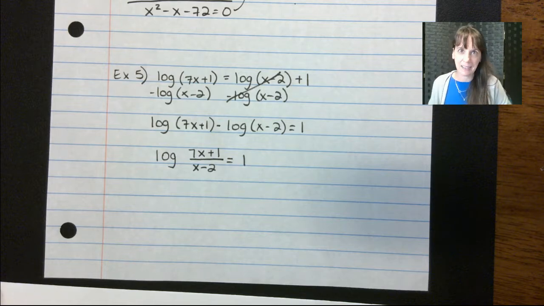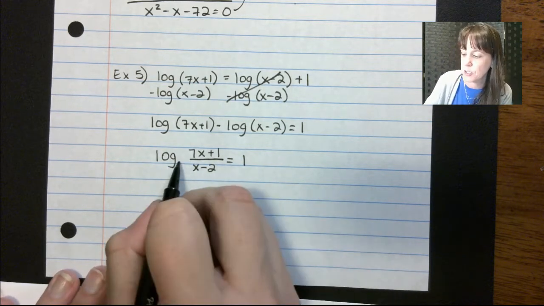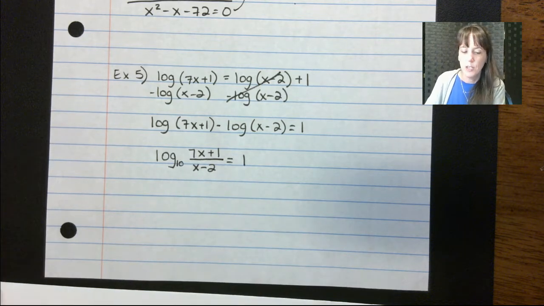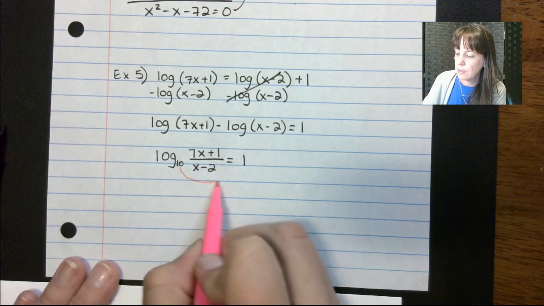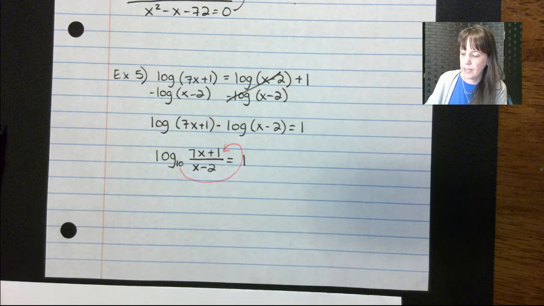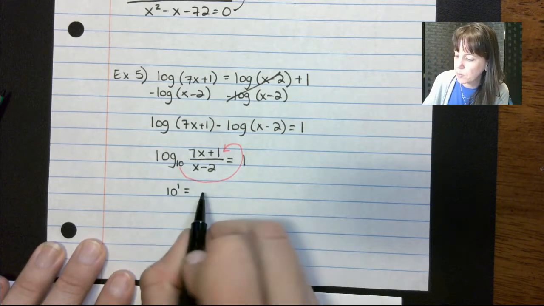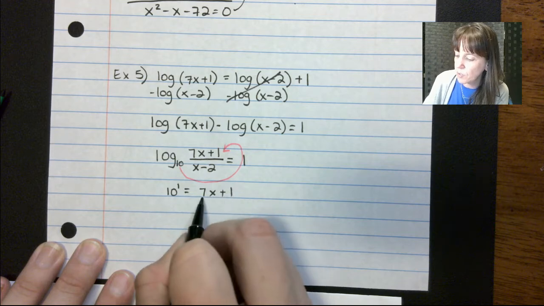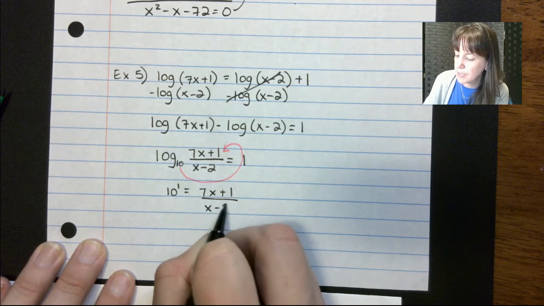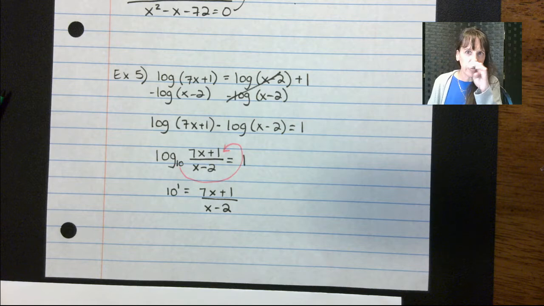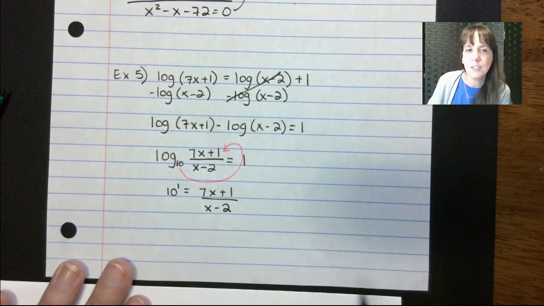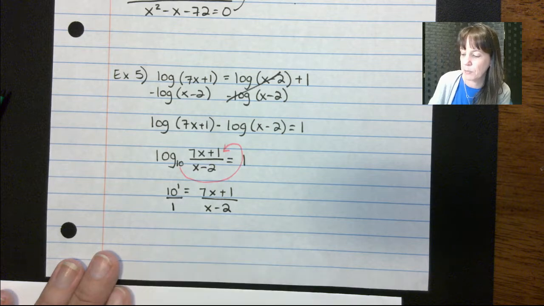Now we have exactly one logarithm, and so we can use our snail. Remember, if the base is not shown, it's base 10. So if I use my snail, I would say 10 to the 1 power equals (7x plus 1) over (x minus 2). Now, personally, when I have fraction equals fraction, I can cross multiply, and I can easily turn this 10 into a fraction by putting it over 1.